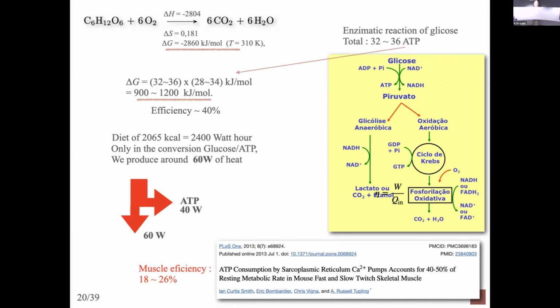Only this by itself, in a resting situation, one muscle cell can burn around 40 or 50% of the entire energy of the muscle. I mean, only a single channel, only a single pump. Which means that a lot of the heat from our cells comes from this type of channel pumps and everything.